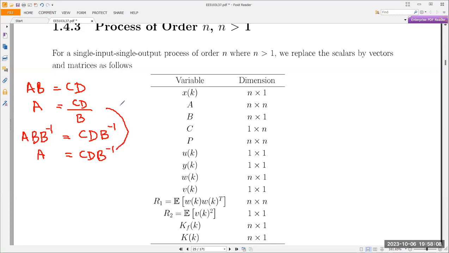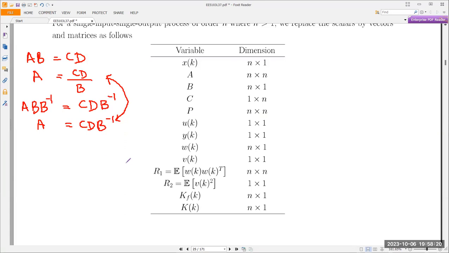This is the matrix equivalent of this. Then you have to be careful: this B inverse, is it in front or behind? An extra layer of complexity. Obviously, if you want to find B, to me, I will just write CD over A. But for matrices, it's not so easy. You have to do an A inverse on the left side, so on the right side you do an A inverse CD.